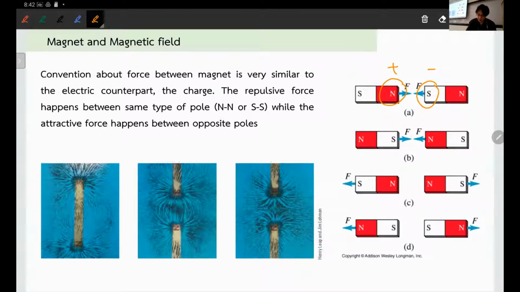South and north attract. And when you have the same type of polarity next to each other, it will repel. So we use the same convention as in the case of electric charges. Sounds good?